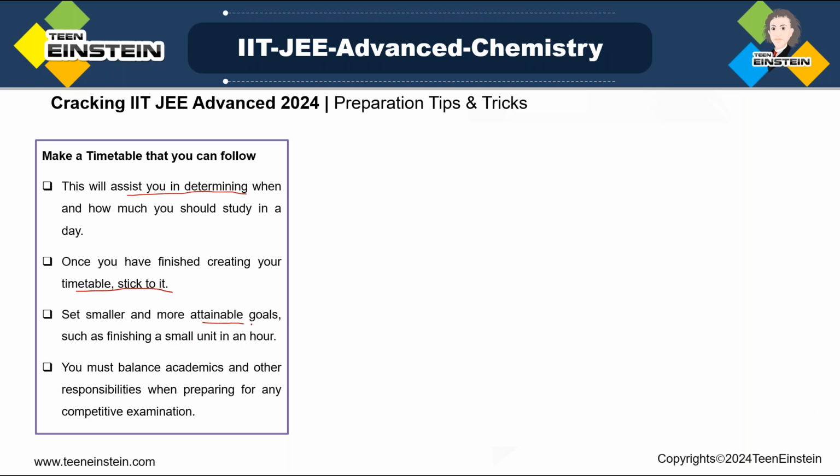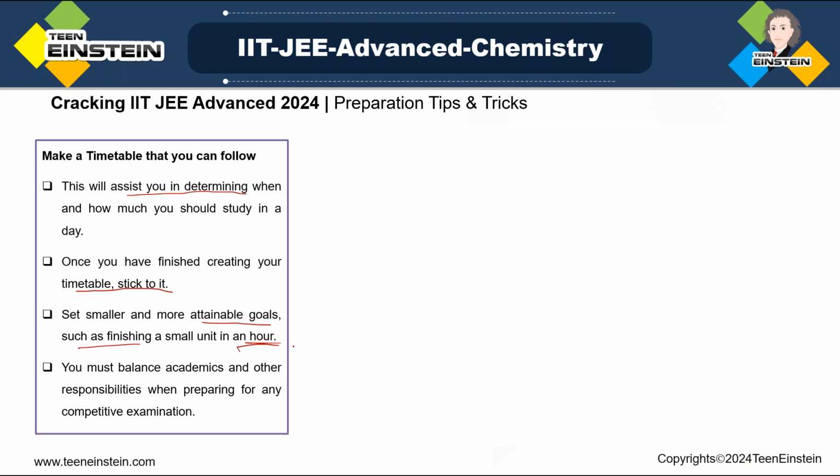Set smaller and more attainable goals so that you can finish. Because if you are making a timetable which is really difficult for you to maintain, you can't finish it. It may vary from candidate to candidate, but make it in such a way that you can attain it. Because once you have completed something, you gain some confidence, right? So you can start with a small unit which you can finish in an hour, and once it is finished, you will feel good and be encouraged to read something more.